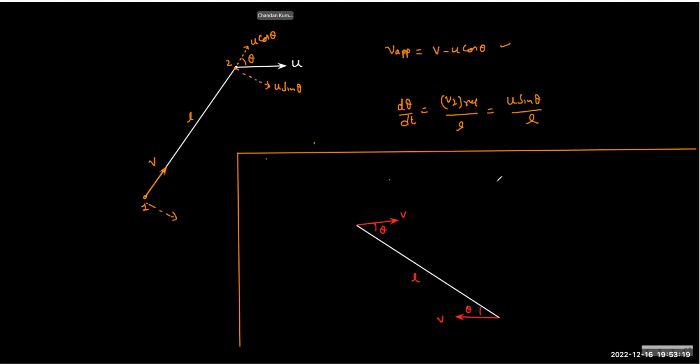Tell me what is the V approach? And tell me what is the d theta by dt? This theta has nothing to do with this theta, very confusing, so let's keep it alpha. So 2V cos alpha. So V approach is how much? 2V cos alpha. I think this is fair enough for everyone, right? What is the d theta by dt?